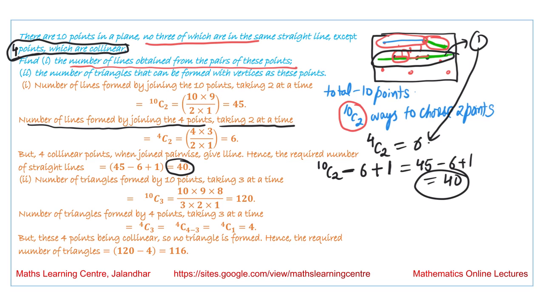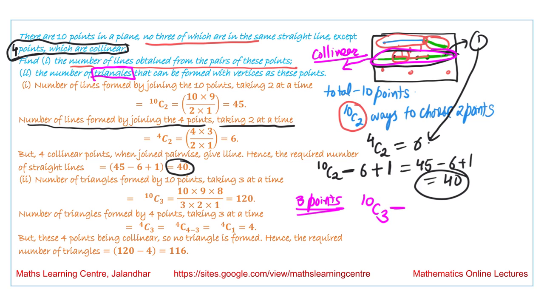Next is the number of triangles that can be formed with vertices at these points. Now, in place of the straight line we are talking about triangles, which means we have to choose 3 points. There are 10C3 ways to choose 3 points, out of which the 3 points chosen from these 4 collinear points will not correspond to any triangle.